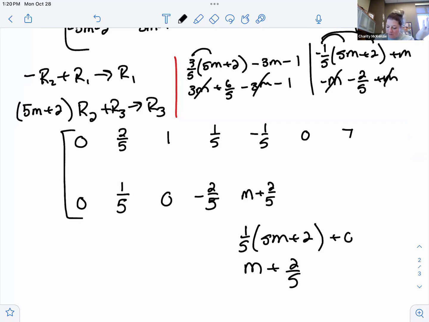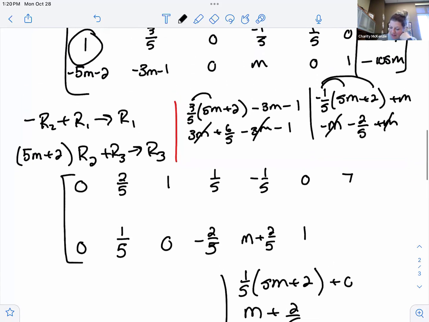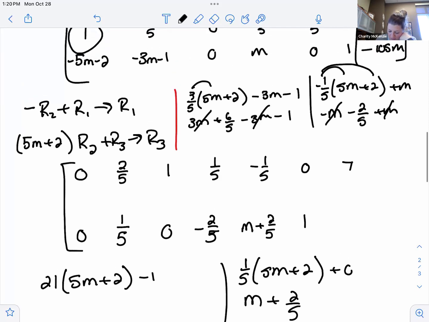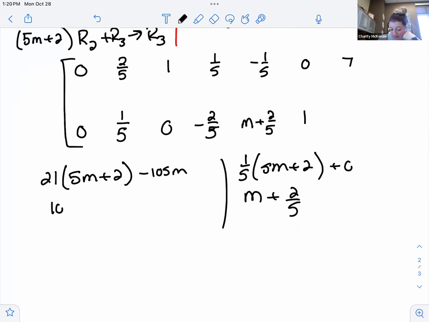Okay, and then this one's a 1, thank goodness. And this last one is 21 times 5m plus 2, and then we minus the 105m from it. So this is 105m plus 42, excuse me, and then minus the 105m.